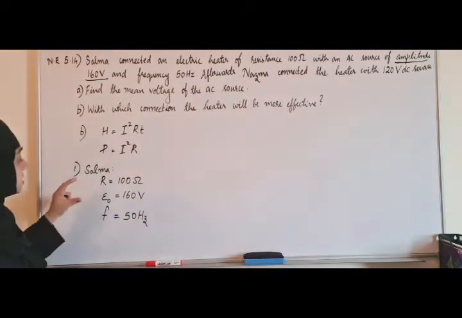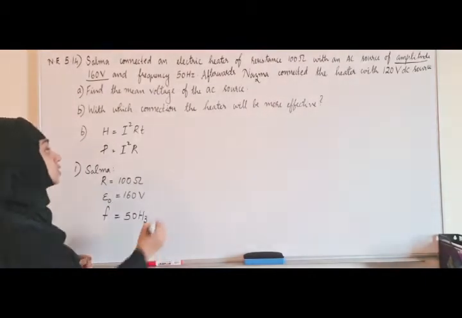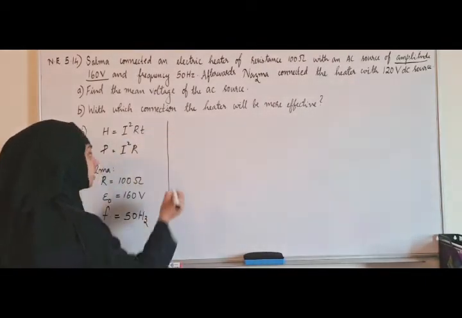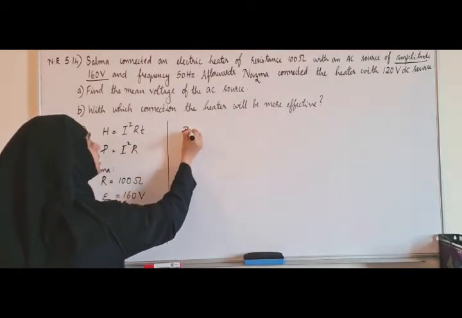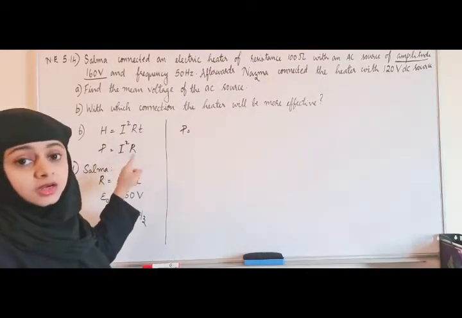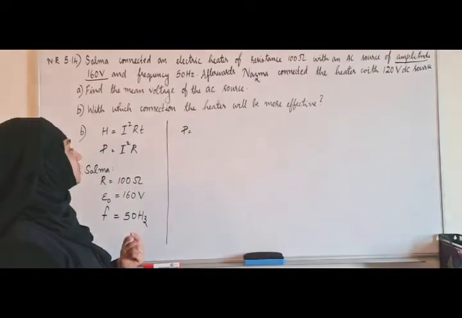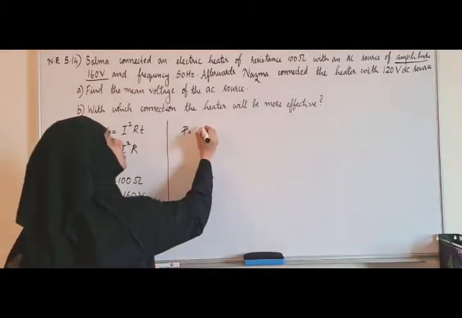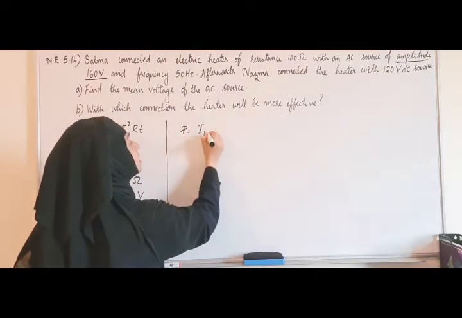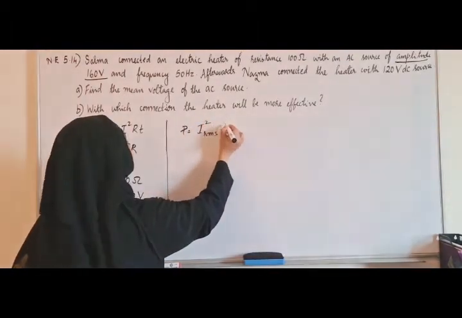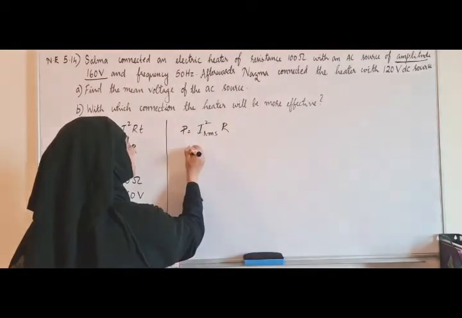Now this is AC source. So how can we write the power? Power will be equal to I square R, but instead of current we will take the RMS value of current. So instead of I, I am going to put I RMS square times resistance.